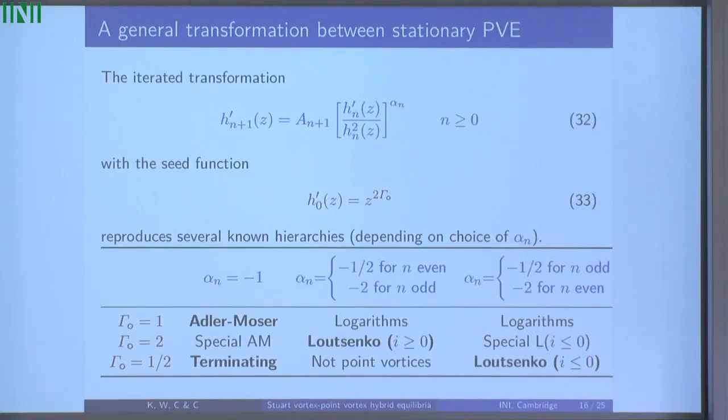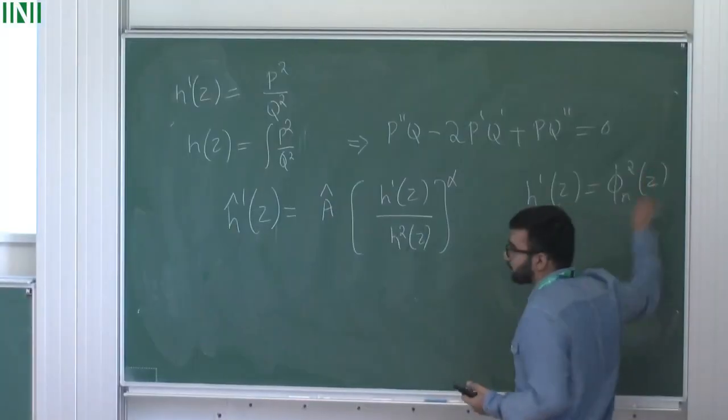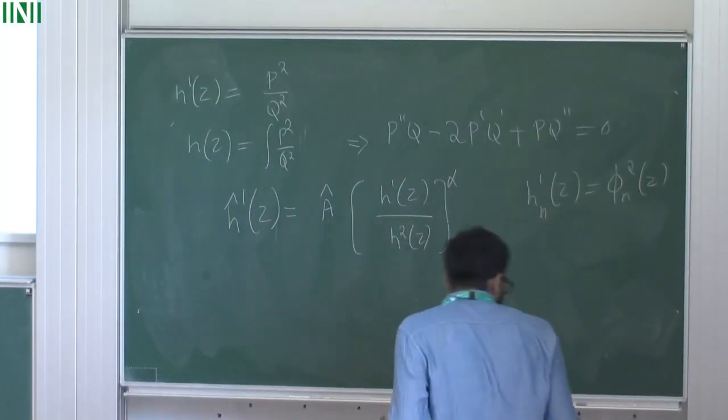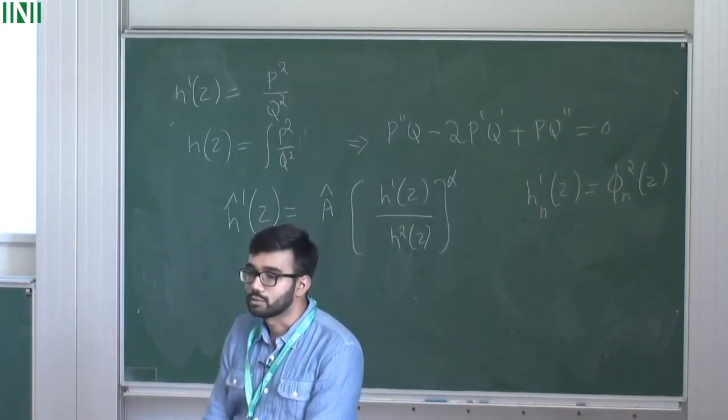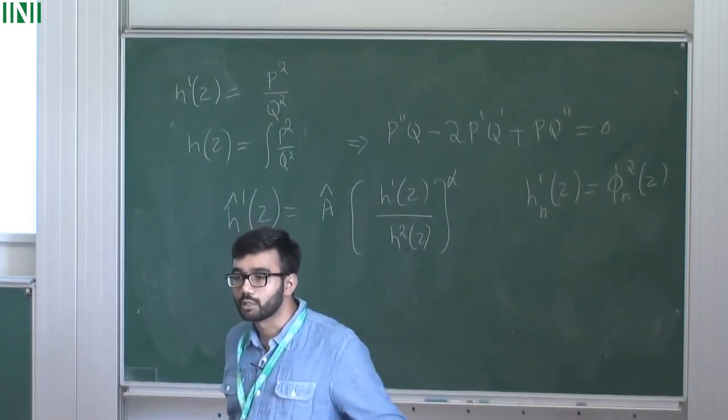One way to look at this transformation is as a generalized Darboux transformation, because if you pick alpha n is minus 1 and you set hn prime is some phi n of z square, then phi n is basically the rational function you get from the Darboux iteration.